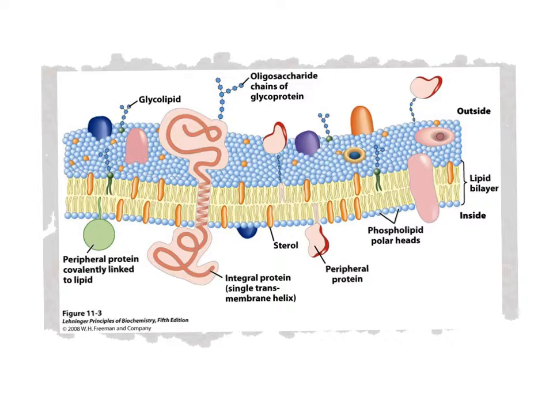I'm assuming this one is just a typo, because it should be integrated with phospholipid to be a normal peripheral protein. That's the only caveat I put on this. We can have integral proteins that completely traverse the membrane, but they do not have to. And we can also have different components modified with protein-protein interactions, or glycosylation, some type of sugar group added on, or even lipid groups added on as well.